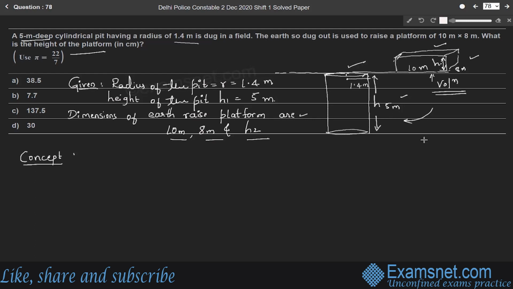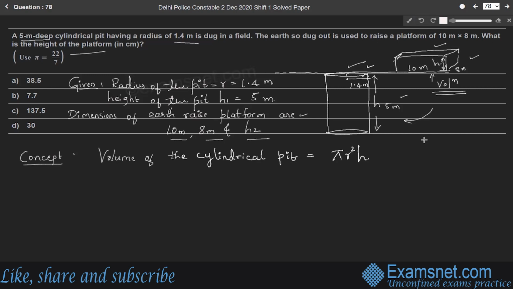So, therefore, volume of the cylindrical pit is equal to pi r square h, where pi is 22 by 7, r is the radius of the cylindrical pit, which is 1.4 meter, and h is the height or depth of the pit.